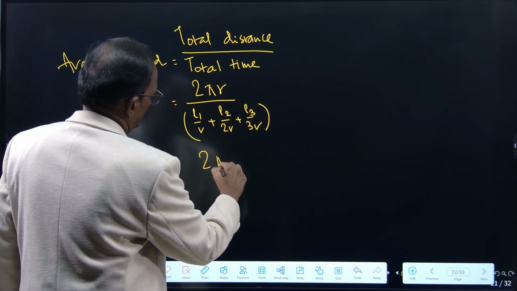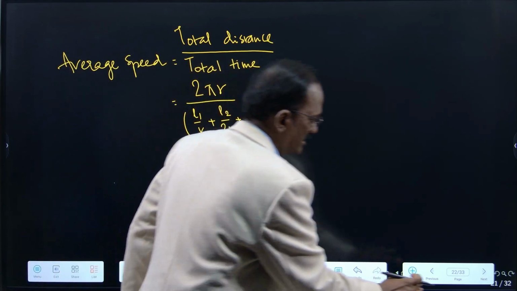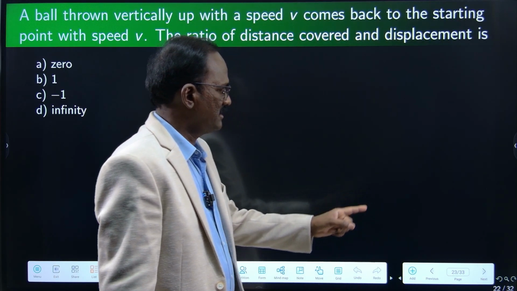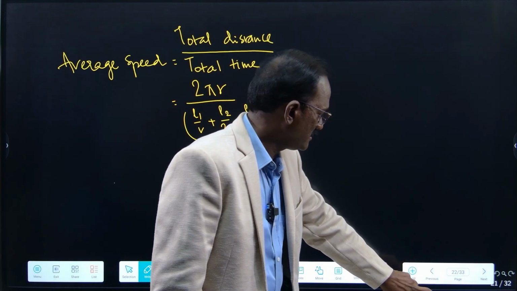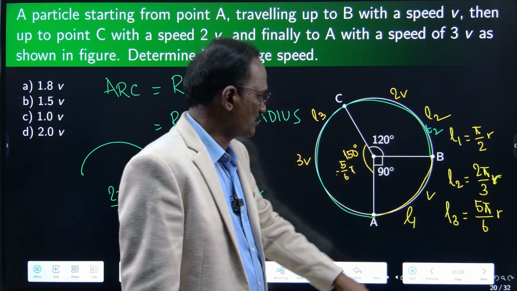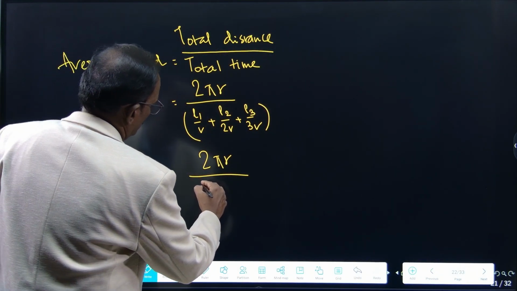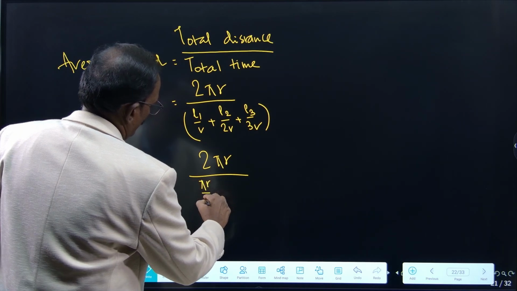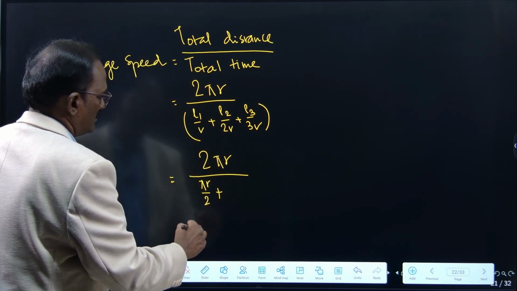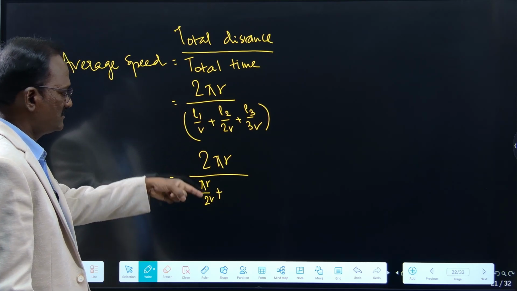2 pi r. Then I am going to replace L1, L2, L3, the arc lengths. Arc length L1 is equal to pi r by 2. Then this V. L1 is pi r by 2.